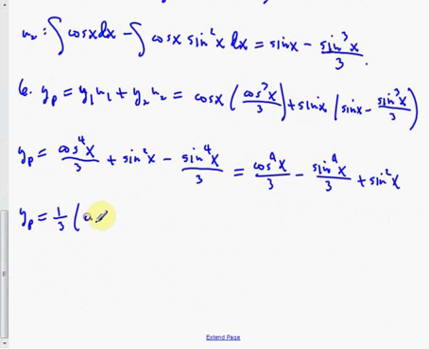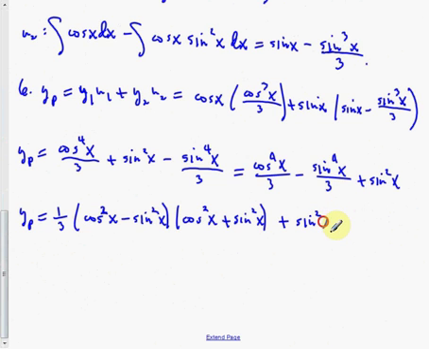So this is cosine squared x minus sine squared x times cosine square x plus sine square x, plus sine square x.